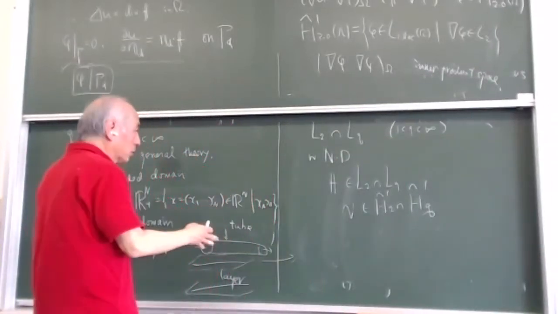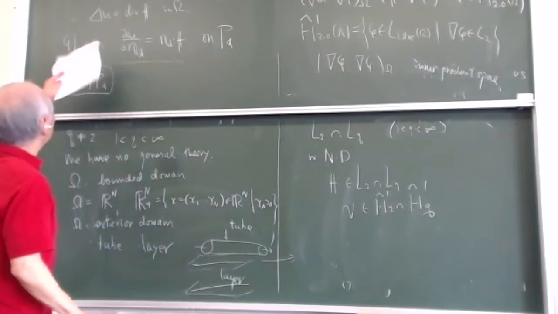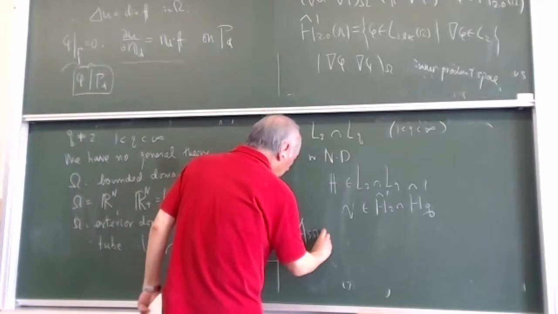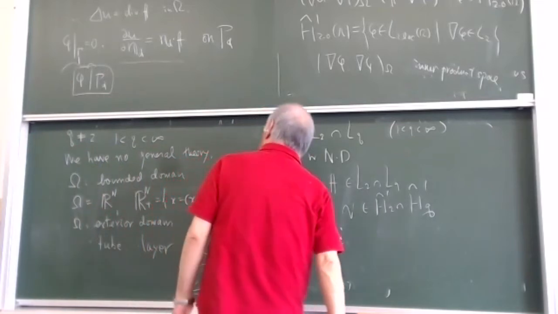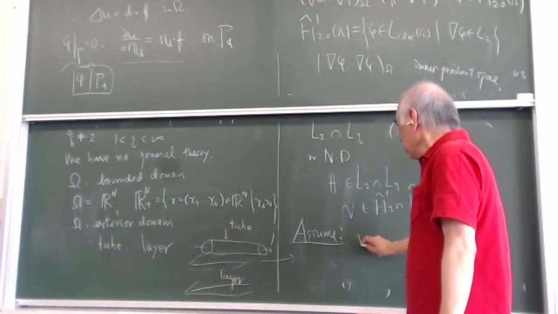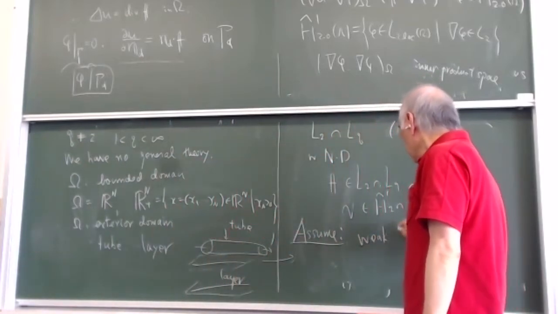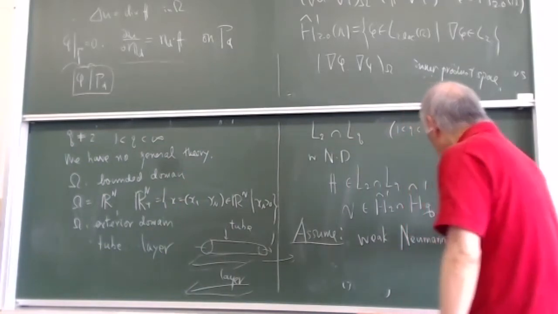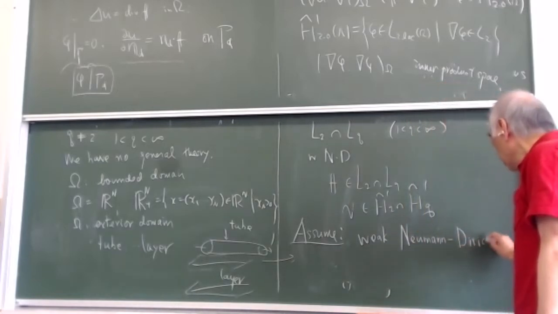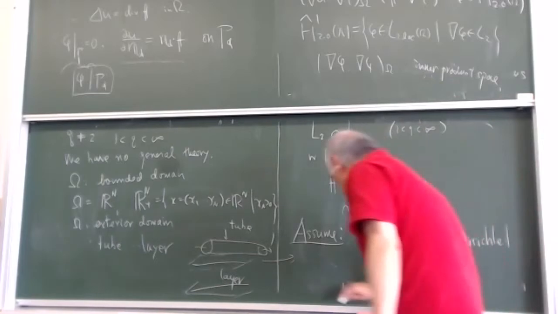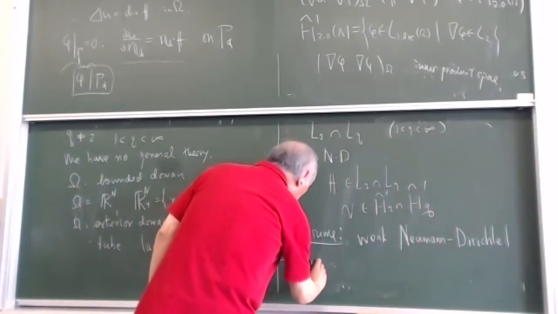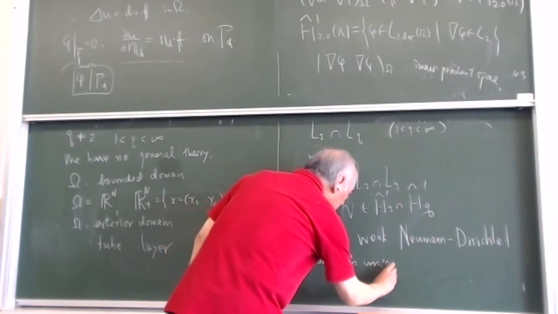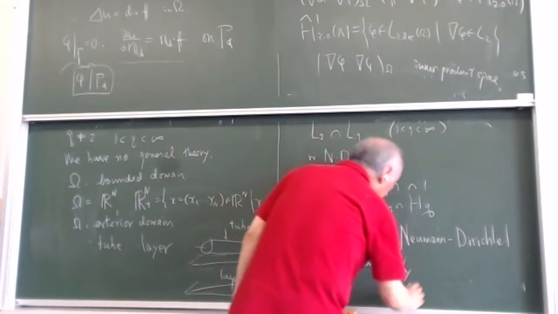So in this lecture, we assume, one of the essential assumptions is that the weak Dirichlet-Neumann problem is uniquely solvable.